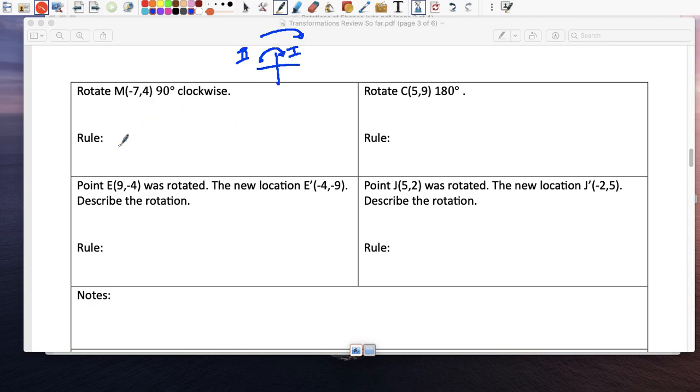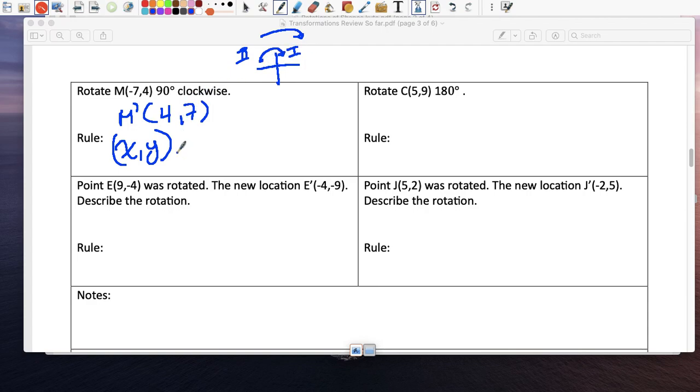So the rule is (x, y). M is (-7, 4). So for M prime, those two numbers switch once and now become 4 and 7. And in quadrant 1, everybody is positive.